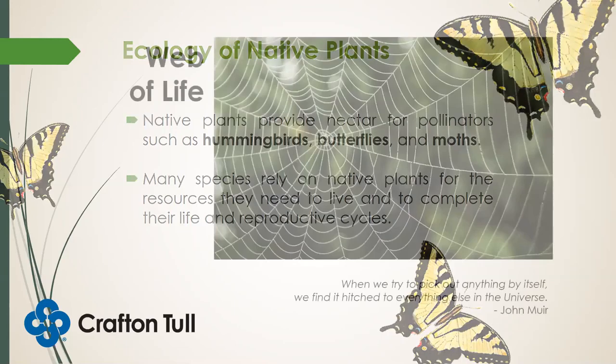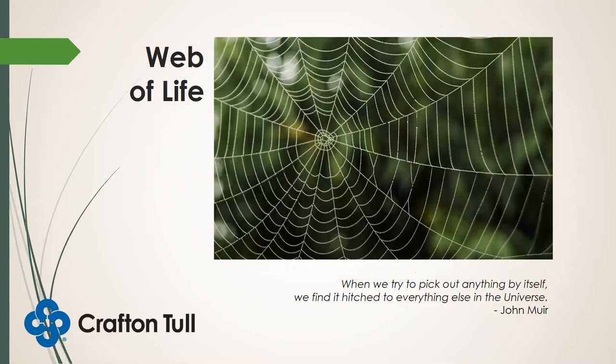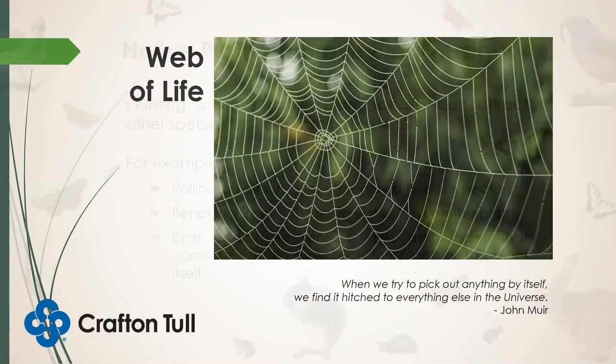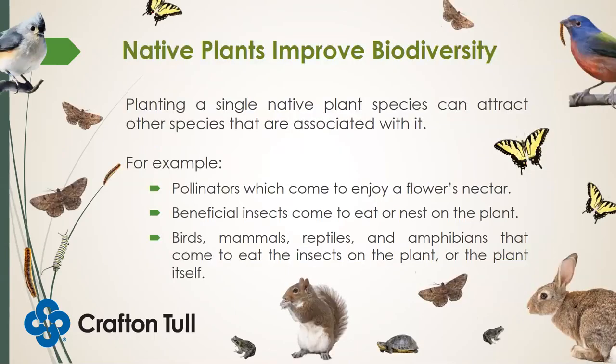So in short, native plants are a part of the web of life. By planting native plants, we can attract other species such as butterflies and moths that might come to lay their eggs on that plant. Then the birds come and pick those caterpillars off the plants to feed to their young, or perhaps get seeds from the plants for their own food.